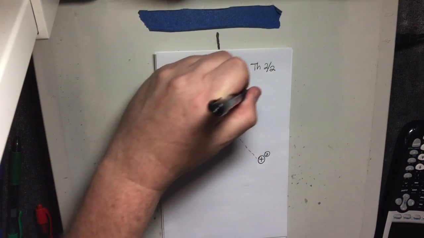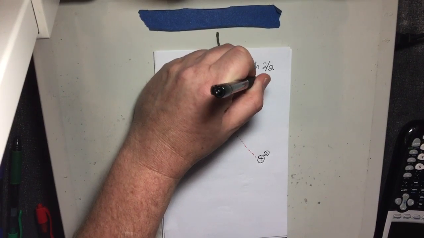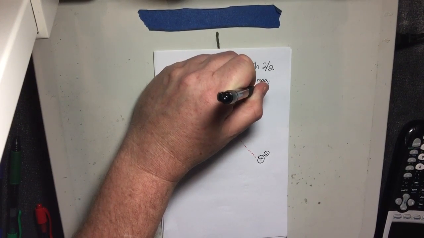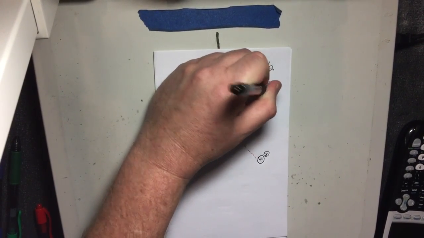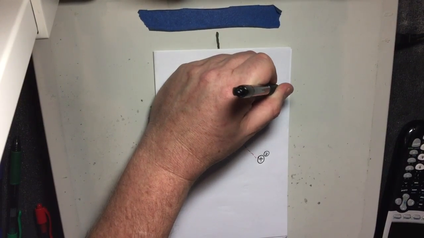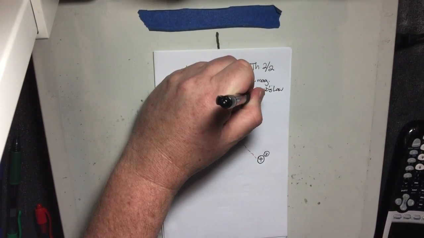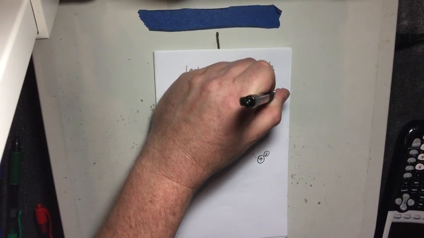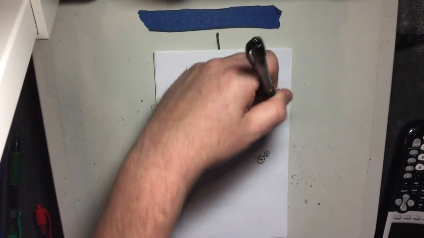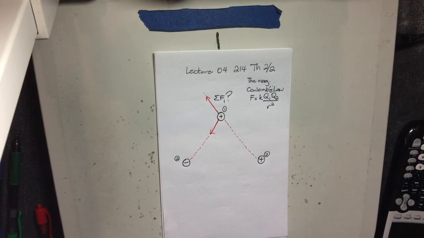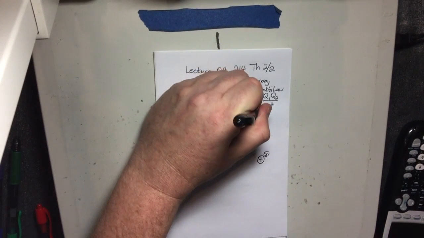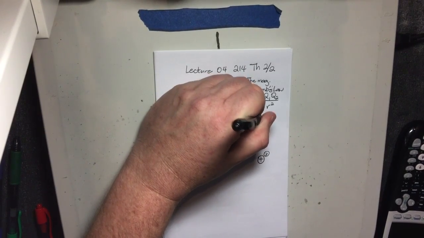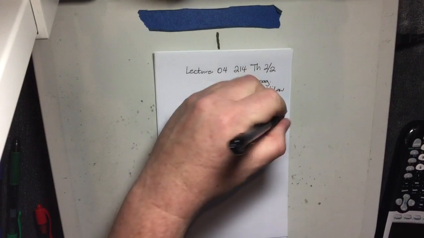Now, the magnitudes of these come from Coulomb's law. So that F is k, first charge, second charge, over the distance between the two squared. Just the number. Direction, logic, and trig.